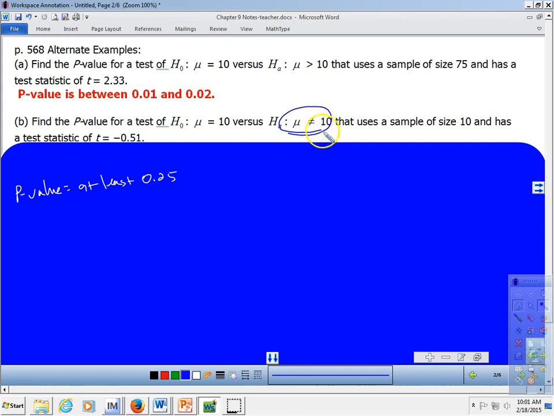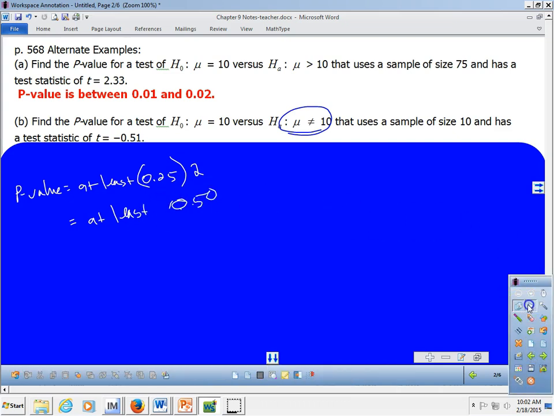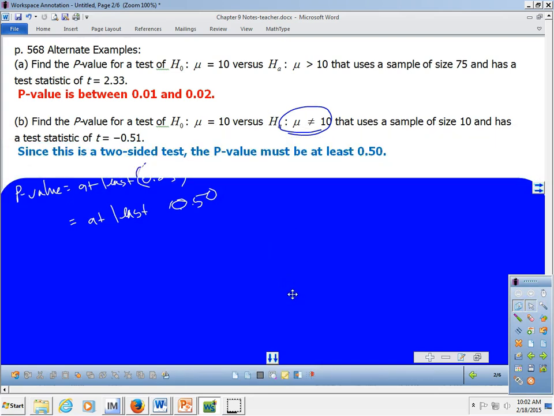We'll take larger x-bars or smaller x-bars than 10 to provide us our evidence. And so we need both tails. Again, it's symmetric. So if we have at least 0.25 in the upper tail, then that means we multiply this by 2. Our p-value is actually at least 0.5, okay? Which you see here. So you had to multiply that p-value by 2.